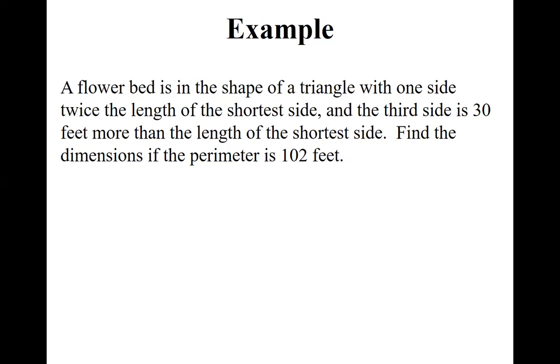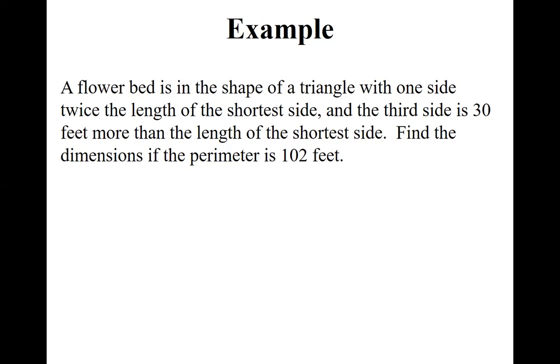So here we are encountering another example where we're given 3 sides or 3 things, and the second and third thing are given in terms of the first thing. In this case, the first thing is the shortest side.